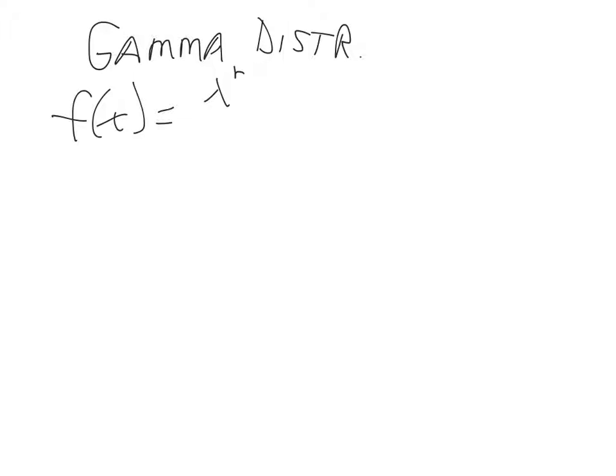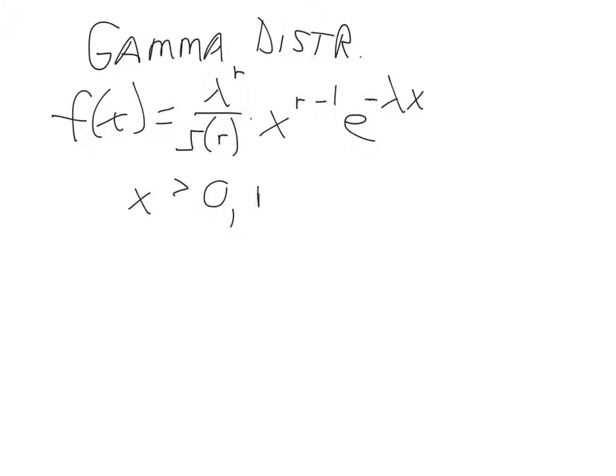So here's lambda to the r over the gamma function, that's gamma r, times x to the r minus 1 times e to the minus lambda x. And that's for x greater than 0, r greater than 0, and lambda greater than 0.